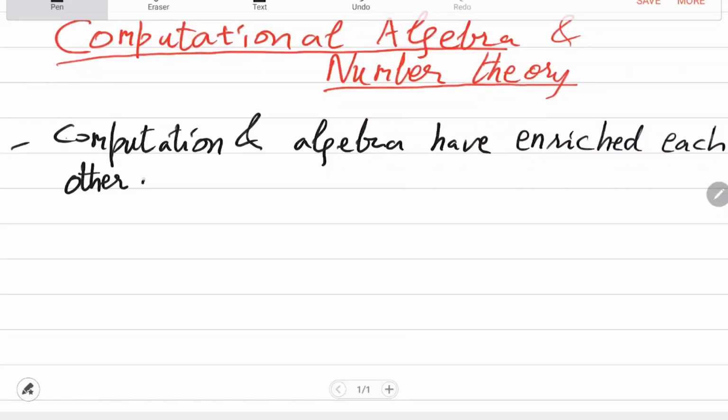Okay, so algebra is applied in computation, but also computation enriches pure algebraic and pure number theoretic methods. So some very classical examples of this phenomenon: the first, most stunning example is Euclid's GCD algorithm.